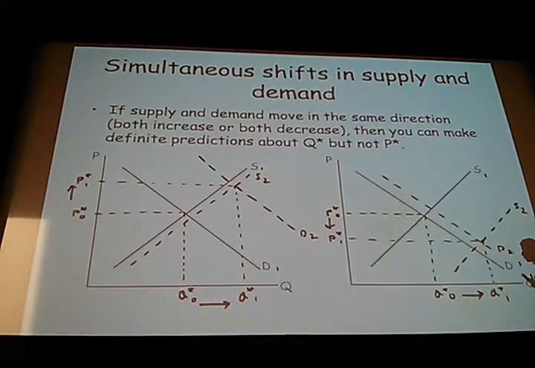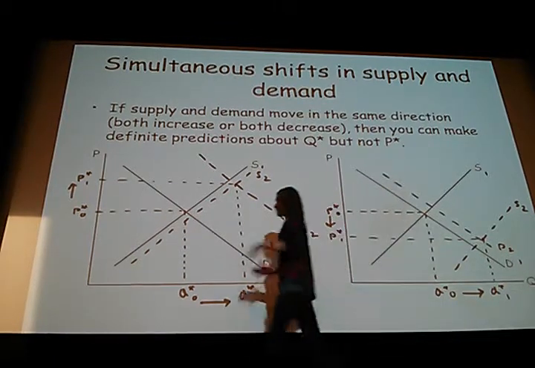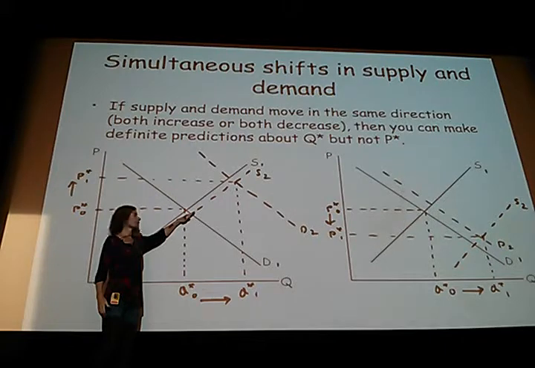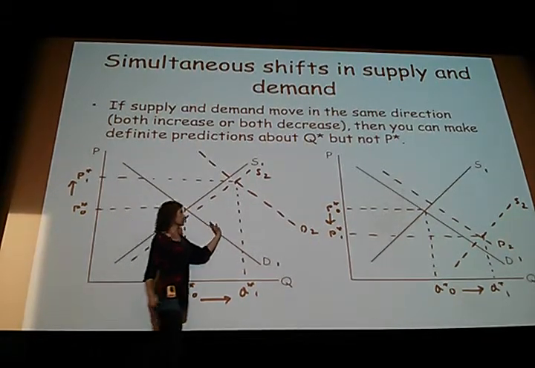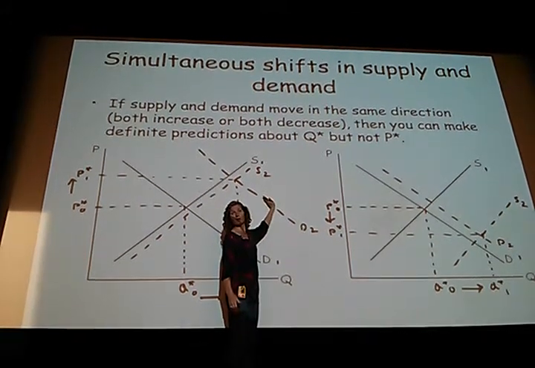And this is important because let's suppose that all you know is that the supply of shoes, for example, has increased because of, say, some technological innovation, and the demand for shoes has increased maybe because shoes are a normal good and consumers have gotten more income.